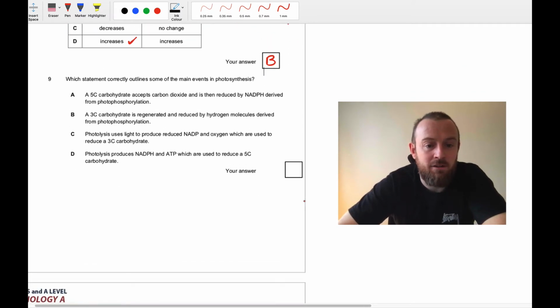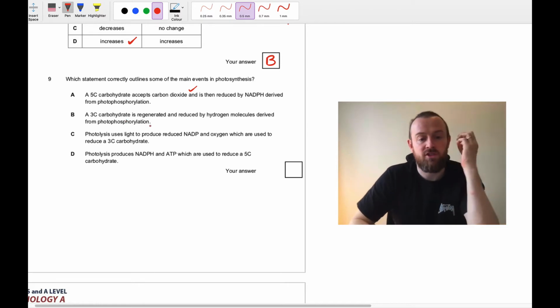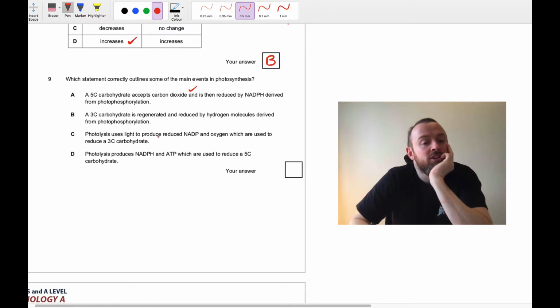Which statement correctly outlines some of the main events in photosynthesis? Okay. A: a 5-carbon carbohydrate accepts carbon dioxide, that's correct, to form a temporary 6-carbon intermediate, which then splits, and is then reduced by NADPH derived from photophosphorylation. Yes, that's all true. So I think it's probably going to be A, but let's just check the other ones. B: a 3-carbon carbohydrate is regenerated and reduced by hydrogen molecules derived from... No, that's wrong.